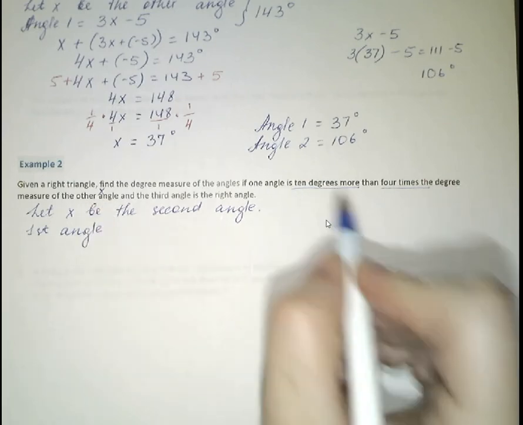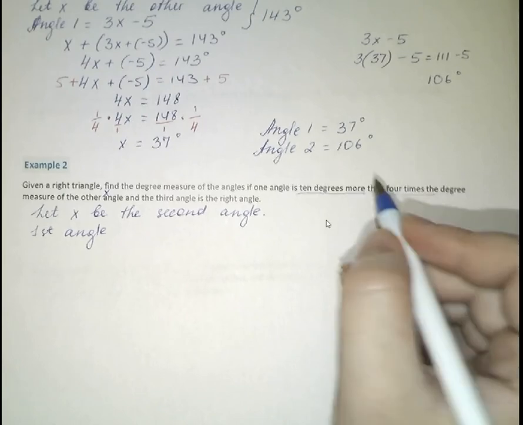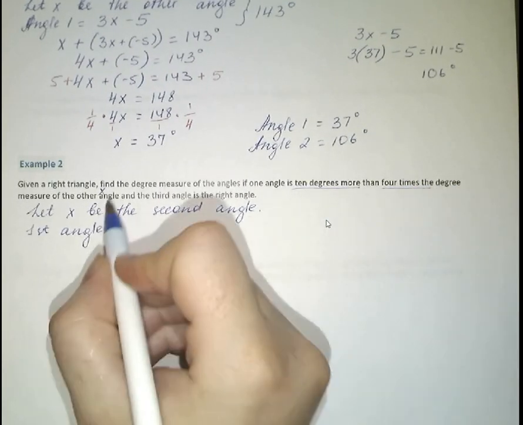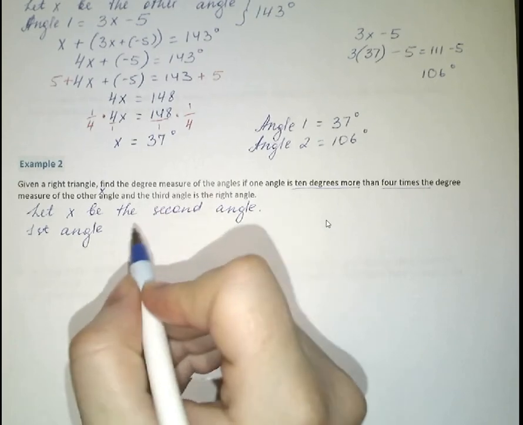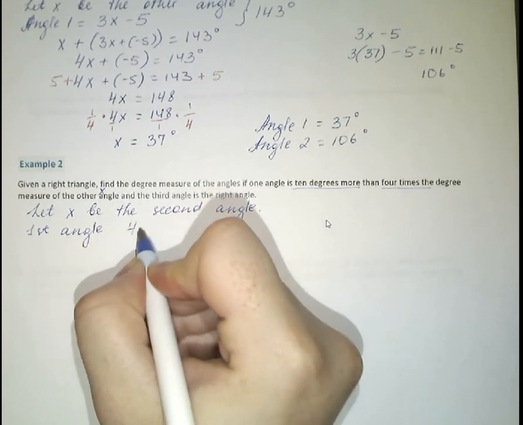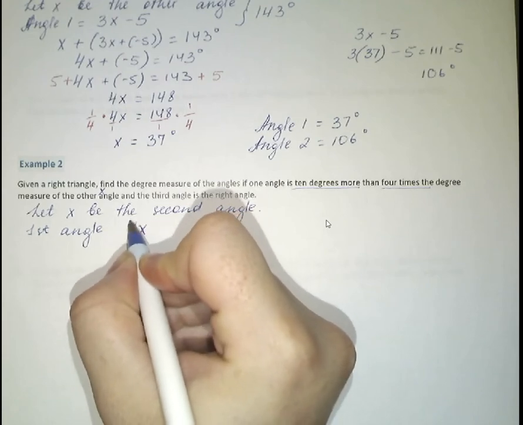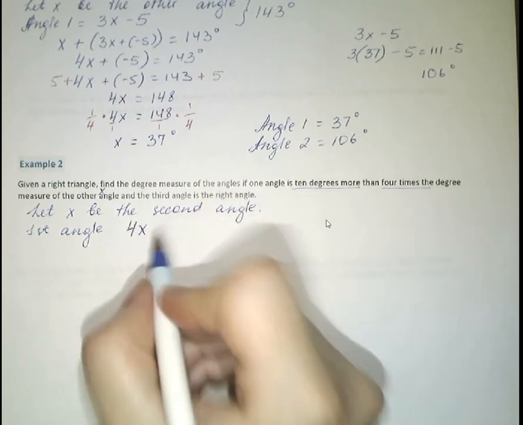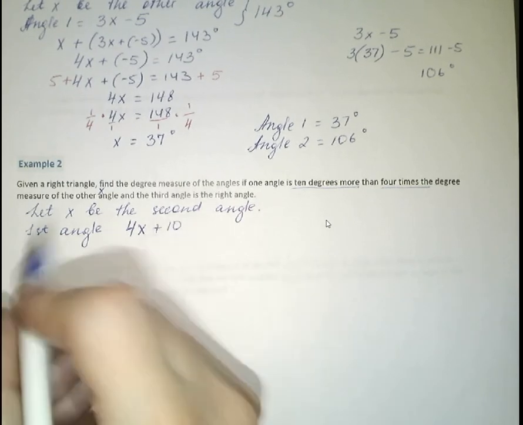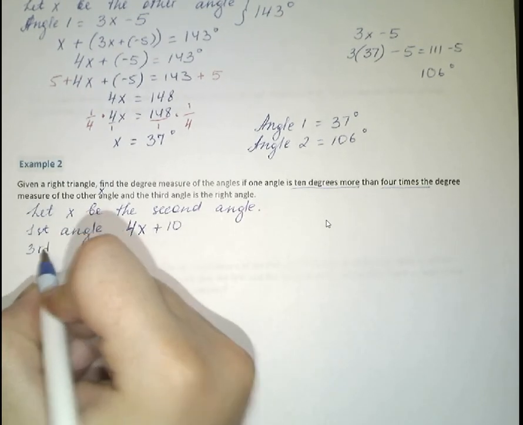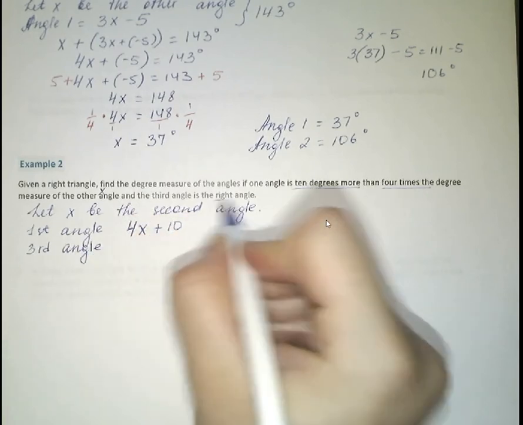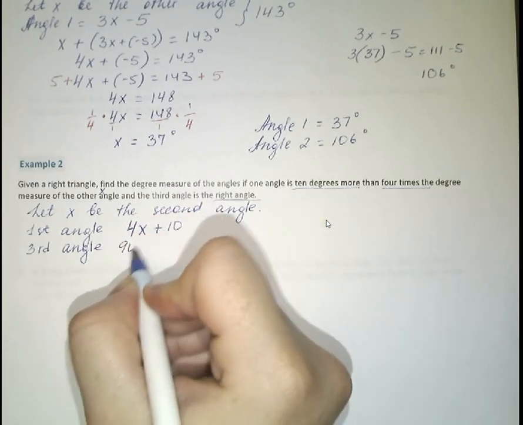So it's 10 degrees more, so we will add 10. 4 times means multiplying. So 4 times the angle, 4x, and it's 10 more, so plus 10. Third angle, it's the right angle, so 90 degrees.